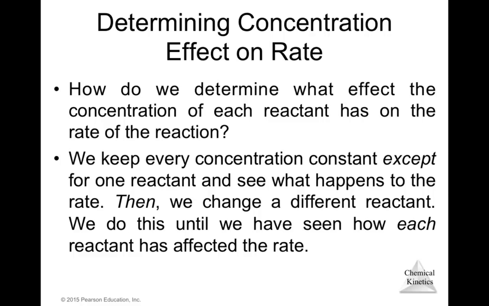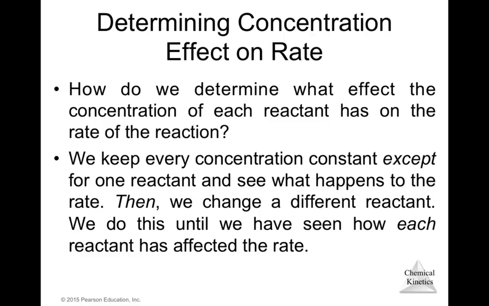We do this until we have seen how each reactant has affected the rate. So if we have 2 or 3 different reactants, we keep two of them at a constant concentration while we change the concentration of the other one. And we see what happens to the rate. We compare the two different concentrations and what happens to the rate of reaction.